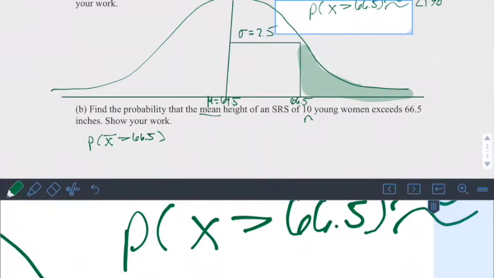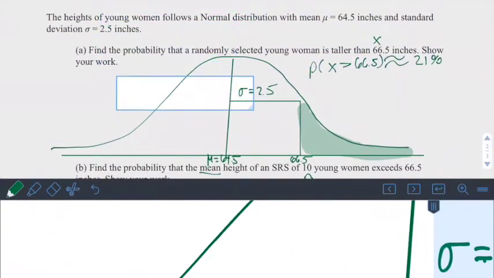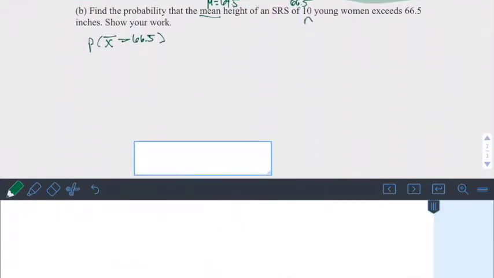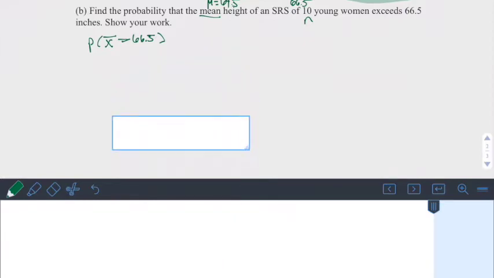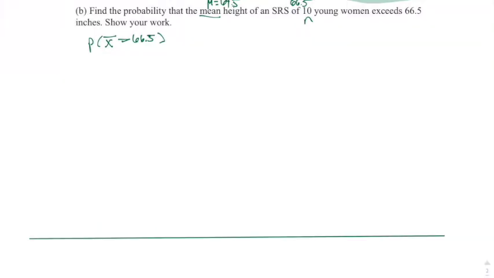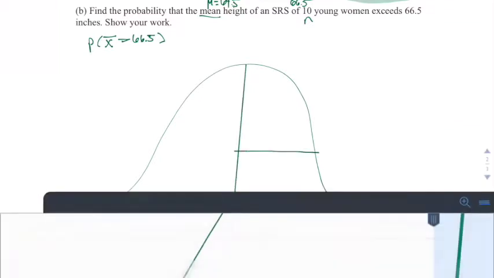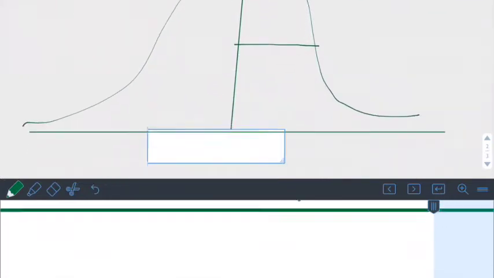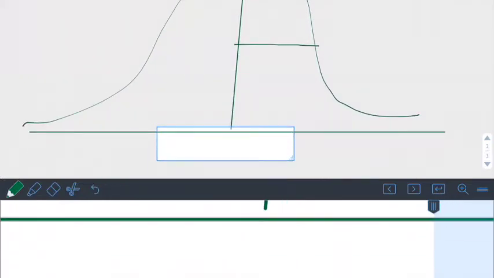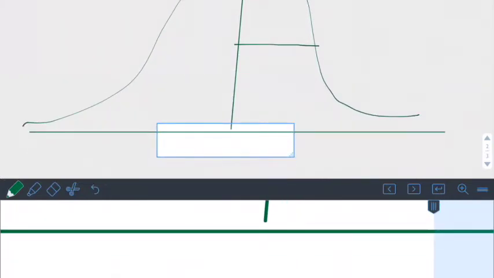Okay, instead of a singular value talking about the population, now we're talking about samples, and so we need the sampling distribution. Well, we know our sampling distribution is going to be approximately normal because our population was approximately normal. So no matter what size the sample, we're good.